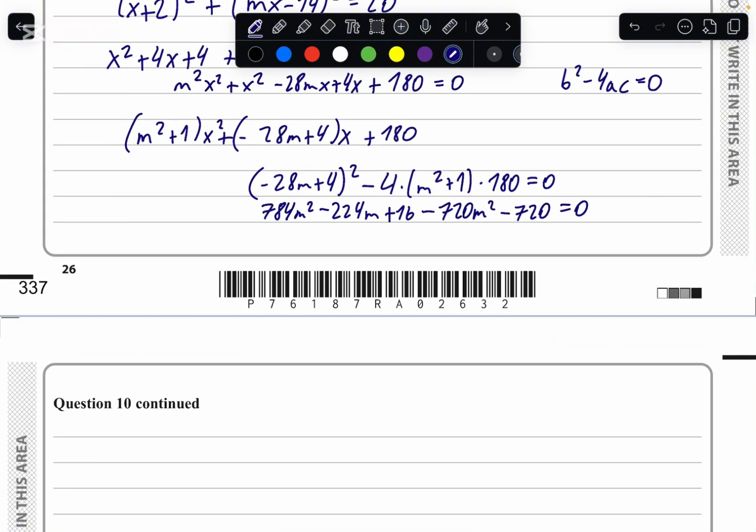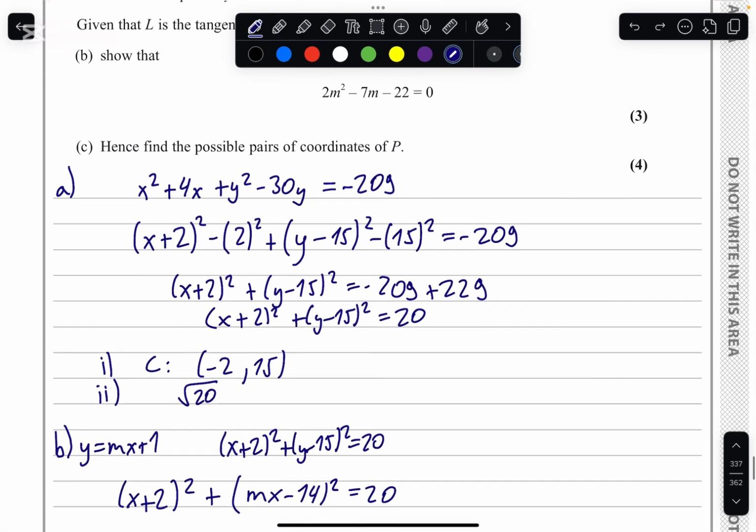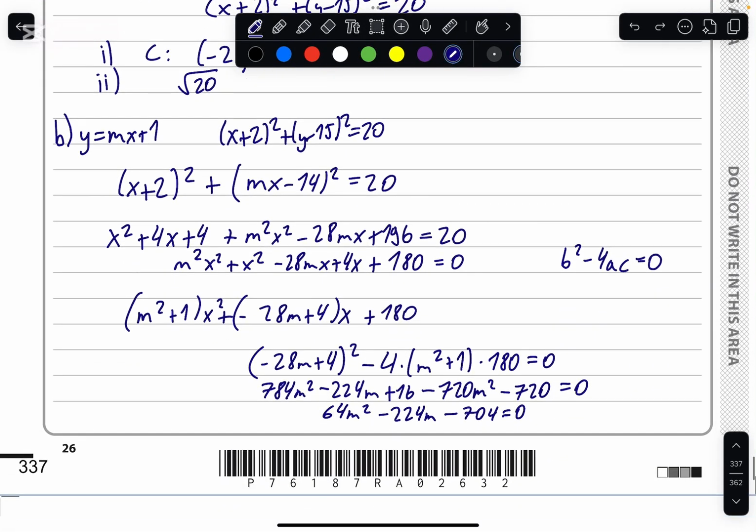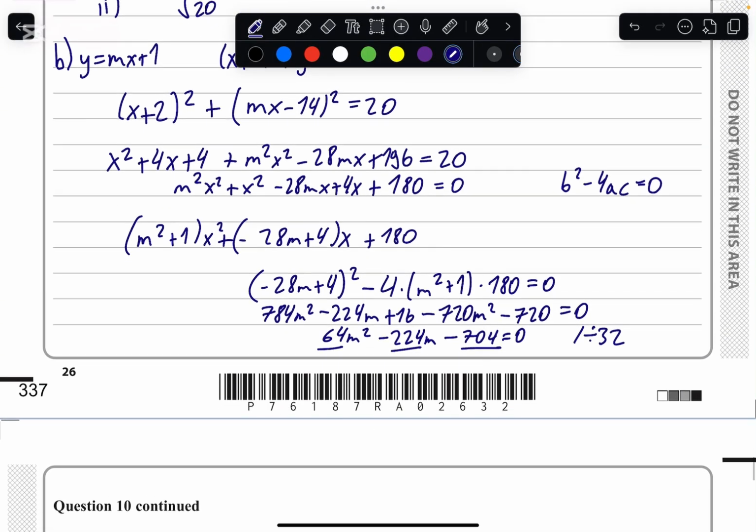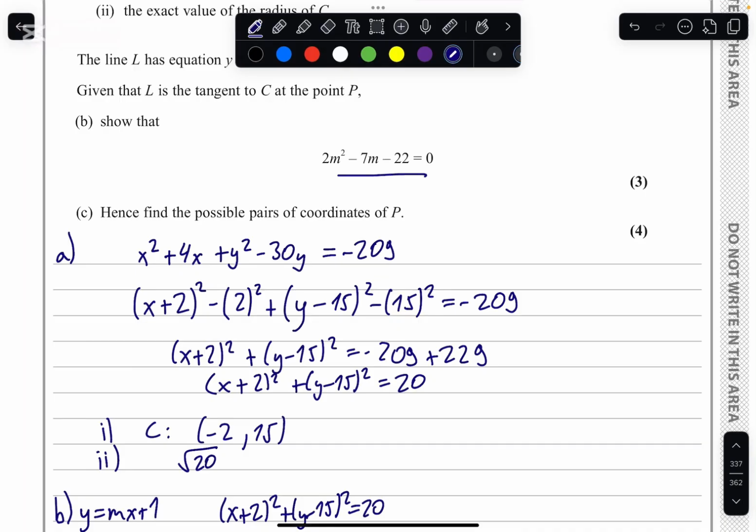If we simplify this, we get 64 m squared minus 224m minus 704 is equal to 0. Since we need to show that the m squared coefficient is 2, we can divide this by 32, and divide all this by 32. And we get the wanted result of 2m squared minus 7m minus 22 equal to 0, as wanted.